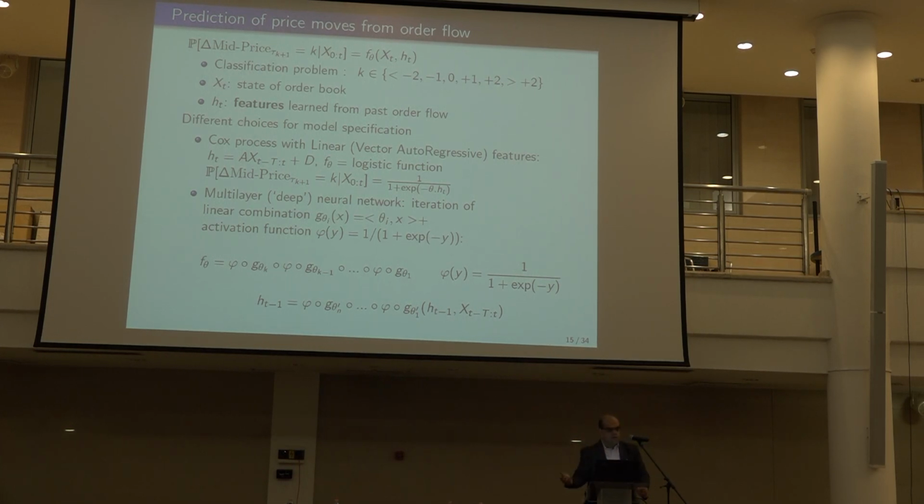It can be a moving average or something like that, autoregressive. So I learn the hazard rate or intensity as an affine function of all the variables in the order book, and then I transform this into a probability through a logistic function. So this is a logit model. Technically it's a Cox process with vector autoregressive features. So we use this as a benchmark, okay?